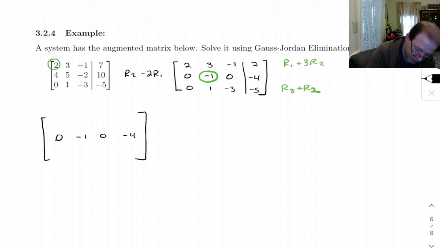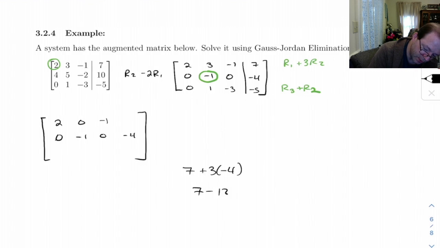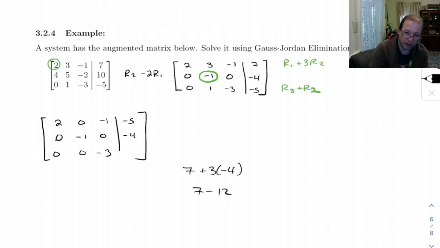The top row becomes 2, 0, then -1 plus 3 times 0, then 7 plus 3 times -4. So what is that? 7 minus 12 gives me -5. And at the bottom, I'm just adding these rows together. So let's see, 0 and 0 is 0. -1 and 1 is 0. -3, and then -9.